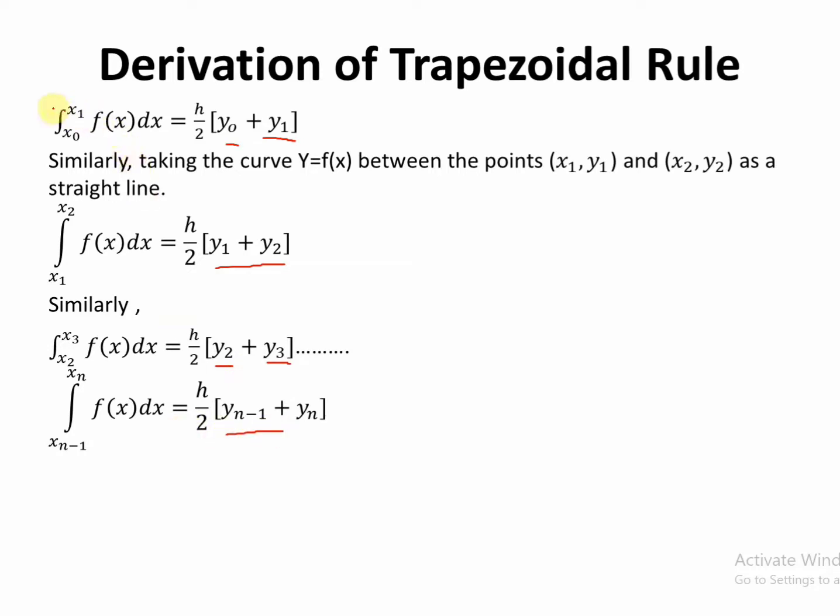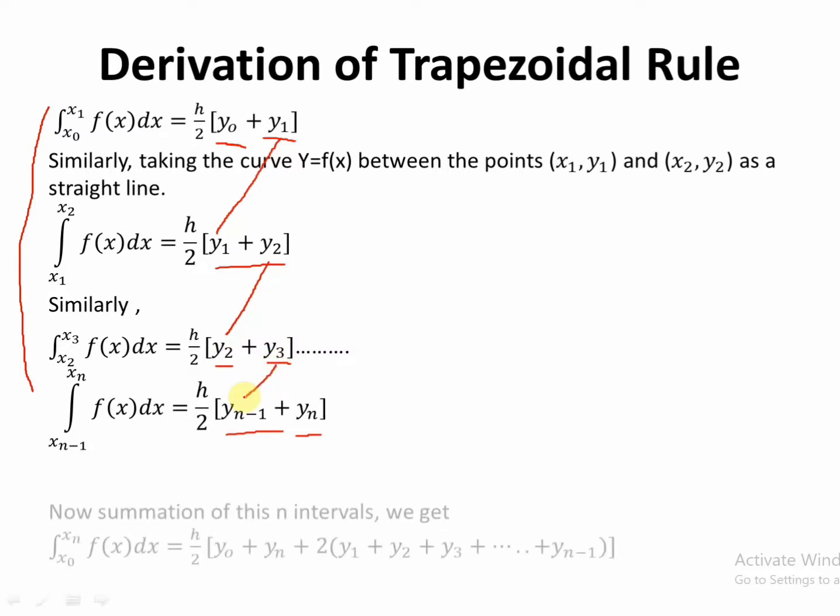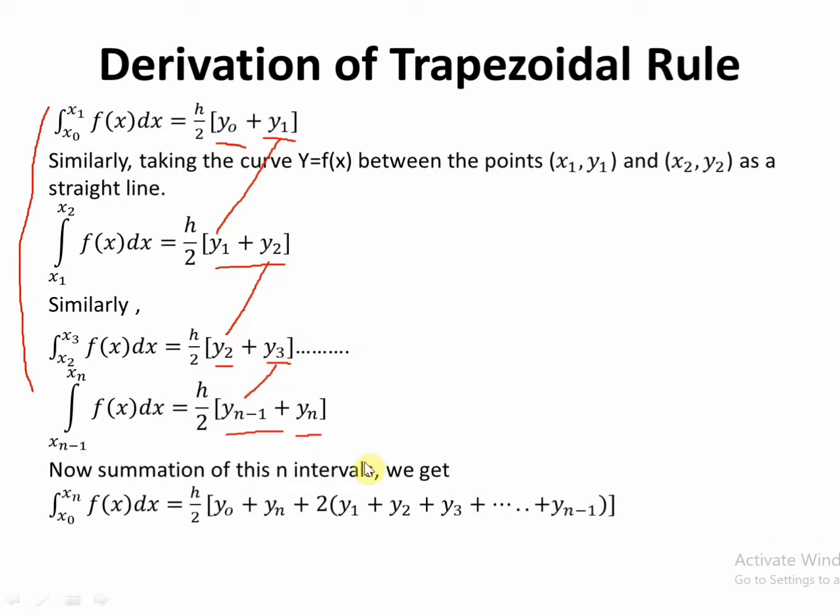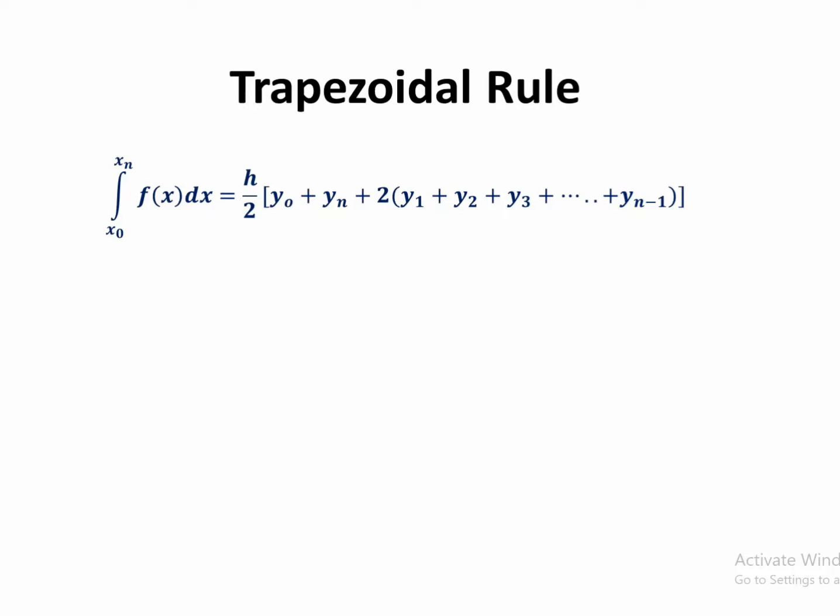Now the summation of all these equations is called the trapezoidal rule. So here y0 is only one time and yn is only one time, and y1, y2, y3 are repeating two times. So now summing over these n intervals we get this equation. So this is the equation of the trapezoidal rule. You can see here.